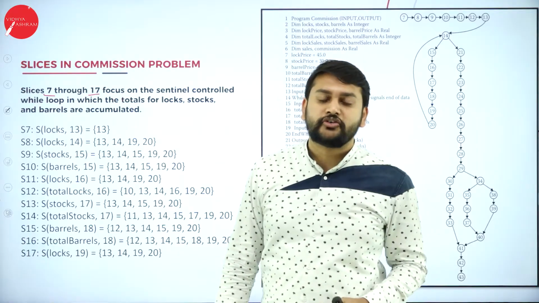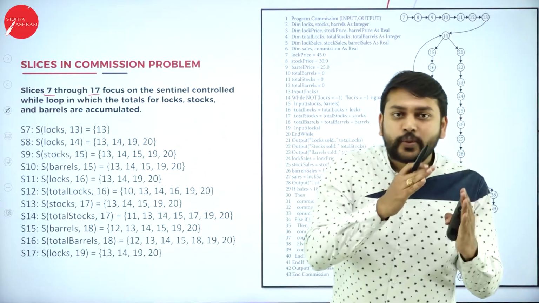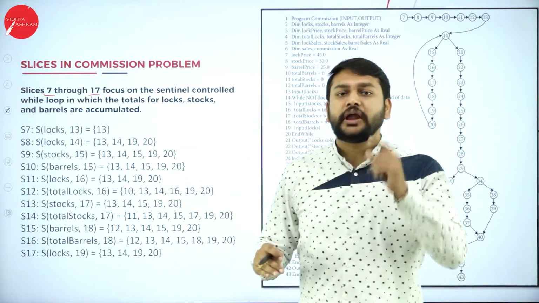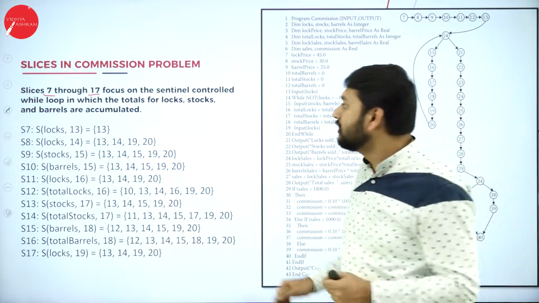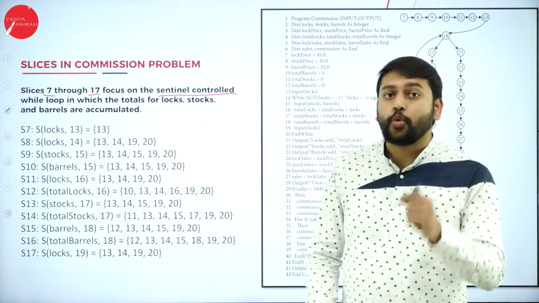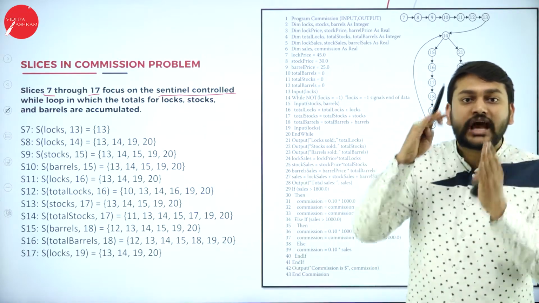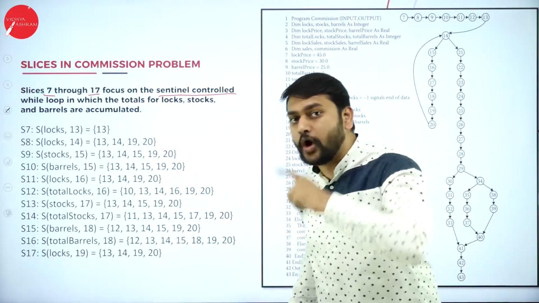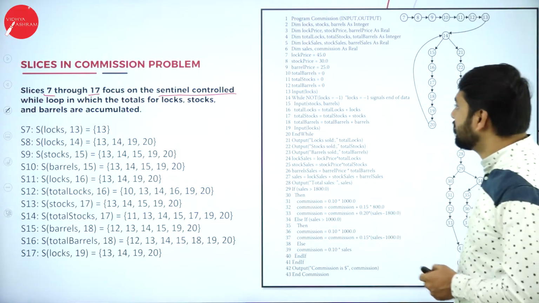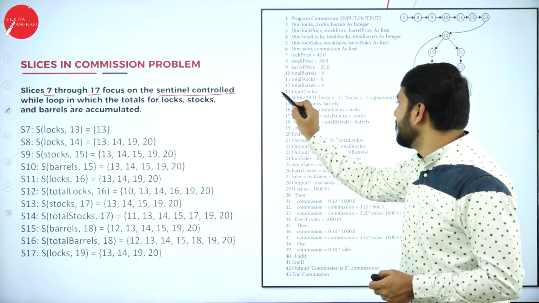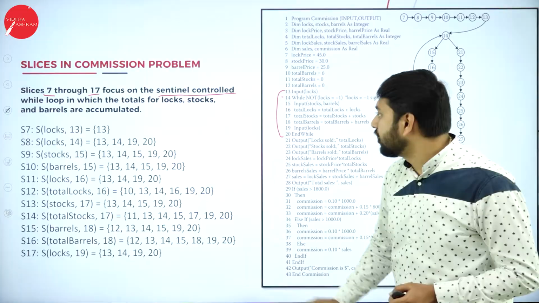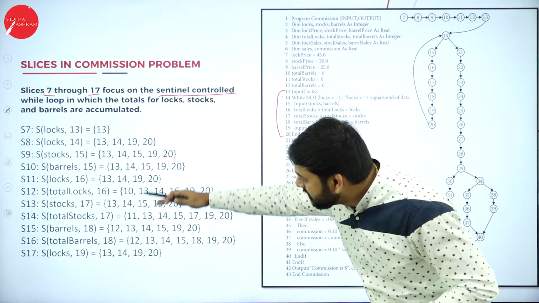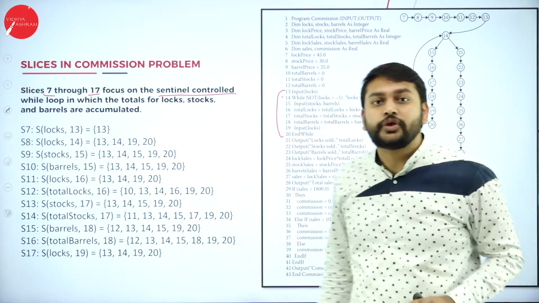Please observe, slice 7 to slice 17 mainly focus on the sentinel controlled while loop. Whatever slices come, they come in the while loop. So you have the while loop here, and here I will be getting these many slices.